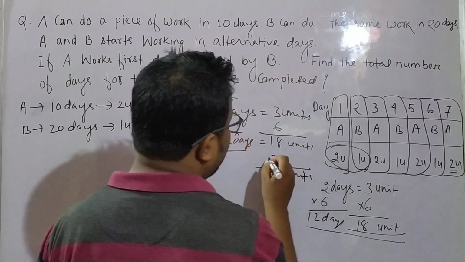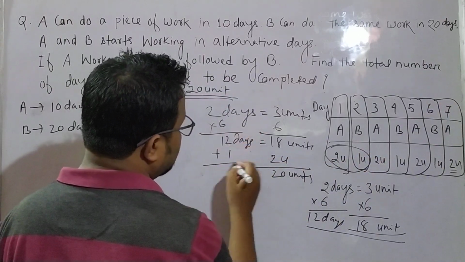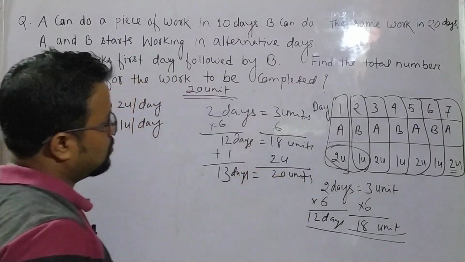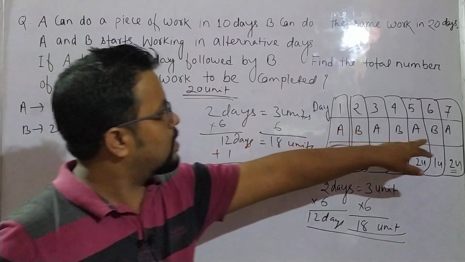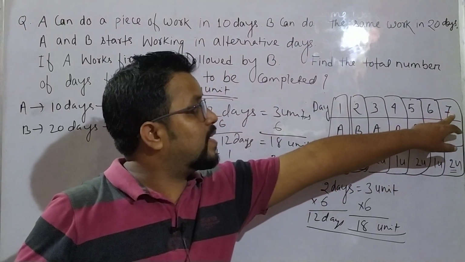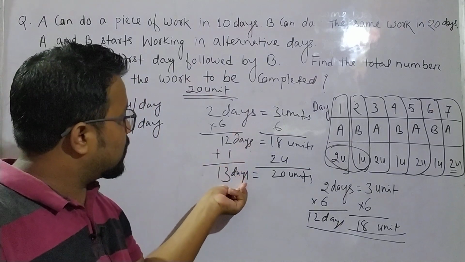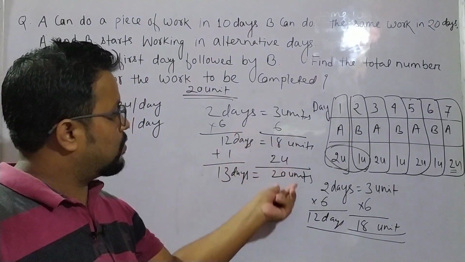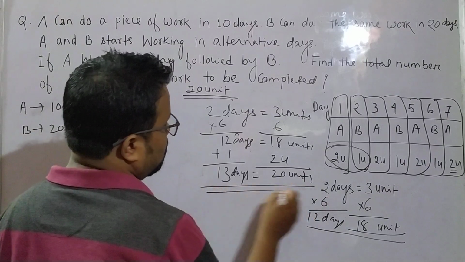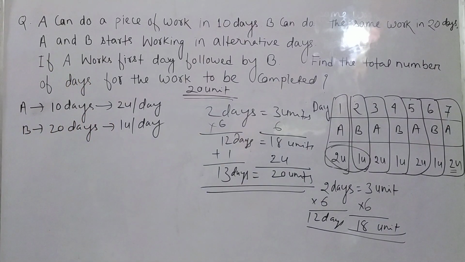So 1 day will be added, so in 13 days, 20 units. That 7th day only I am adding. So 12 plus 1, 13 days, 20 units. So in 13 days the work will be completed.